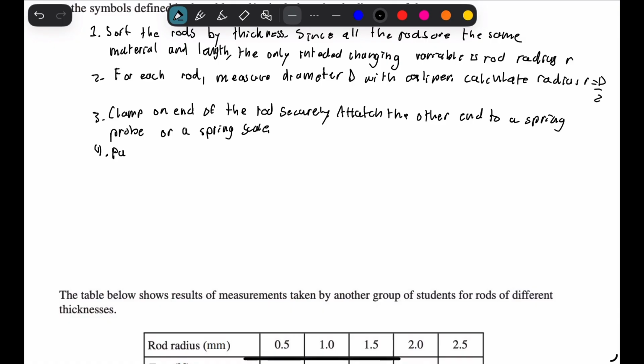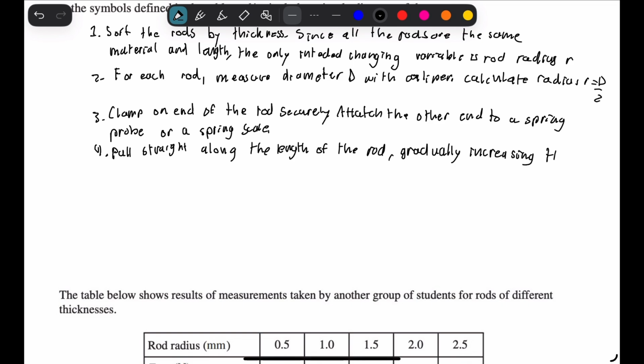Next, you're going to pull straight along the length of the rod, gradually increasing the force until the rod breaks.